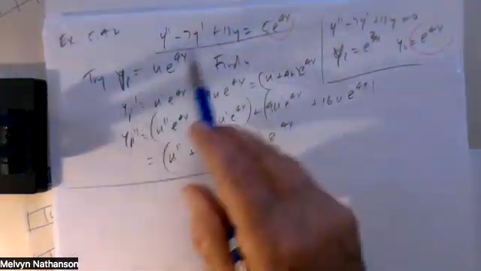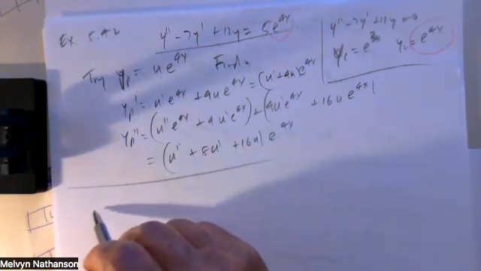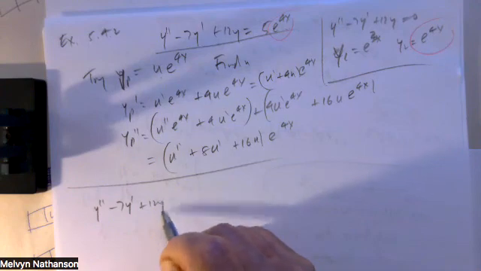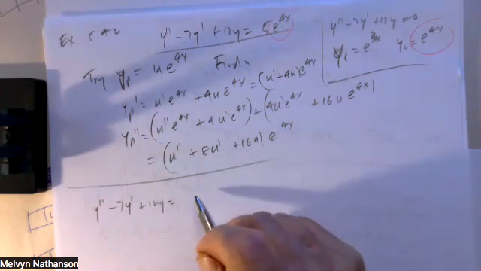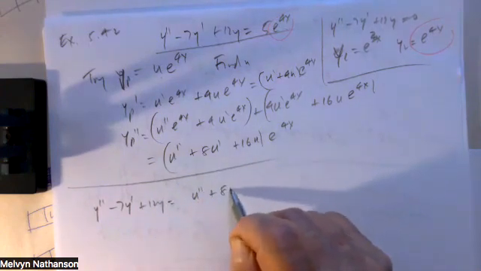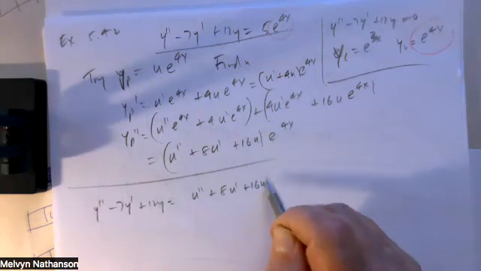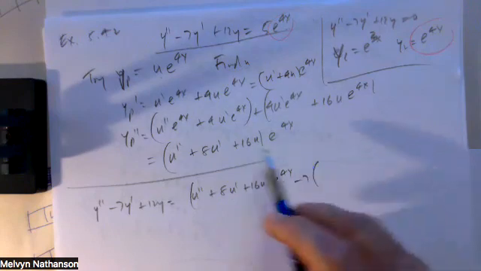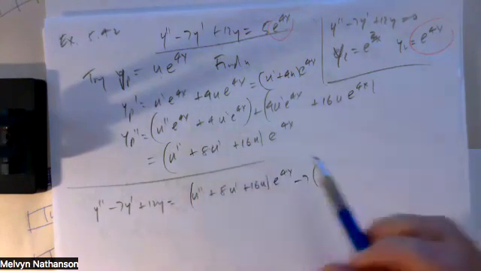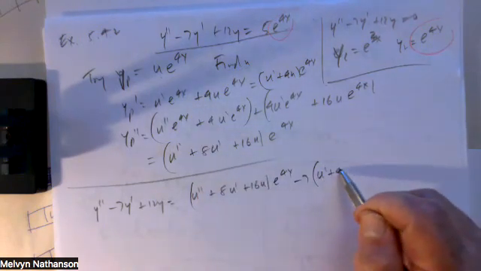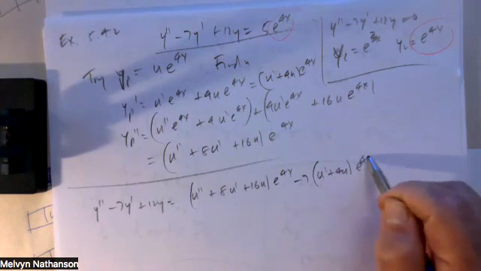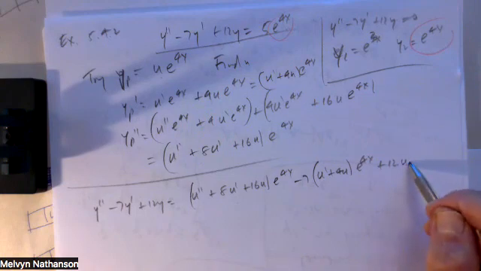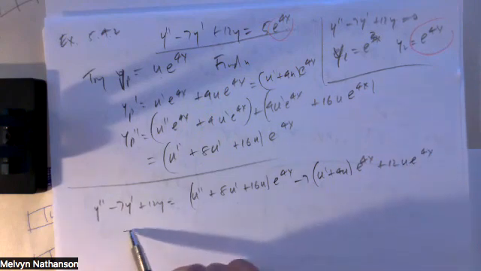So if I plug these into my equation, y double prime minus 7y prime plus 12y: y double prime is u double prime plus 8u prime plus 16u e to the 4x, minus 7 times y prime, which is u prime plus 4u e to the 4x, plus 12y, which is 12u e to the 4x.